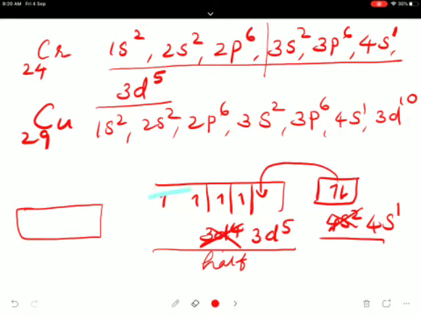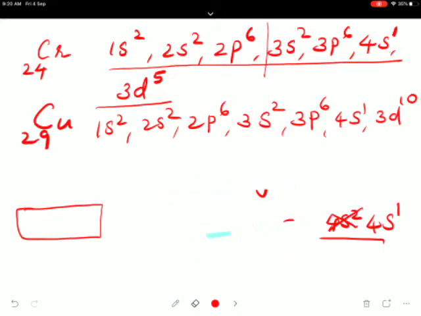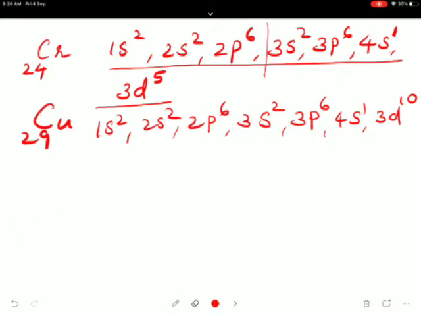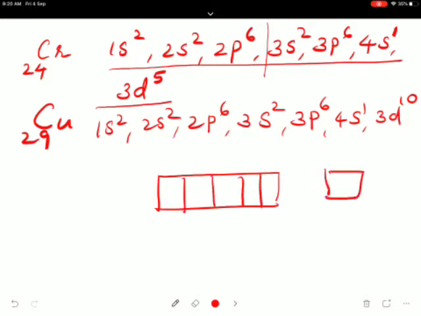Here I am showing 3d and 4s. First the electrons go to 4s, and 2 electrons will be going there. Then 1, 2, 3, 4, 5.